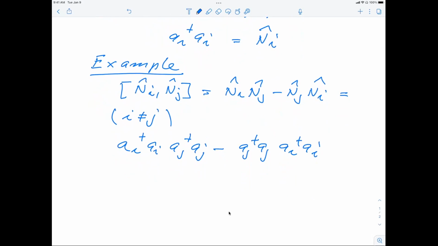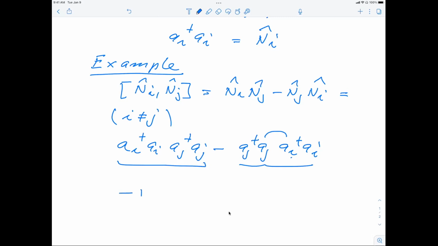I'm going to leave this one as it stands, and I'm simply going to reorder this one so that it becomes equal to the other one. The first thing I can do is take these 2 operators and shift them, because I want to get the a_i's to the left and the a_j's to the right. So I'm gradually going to do that.